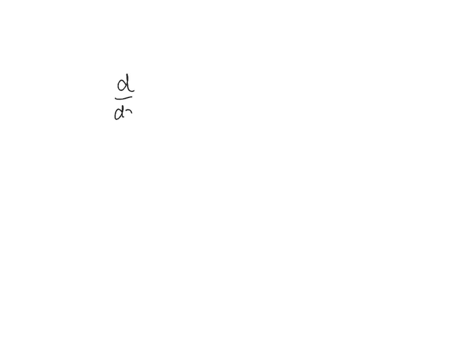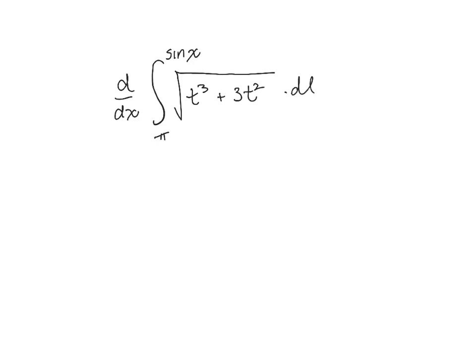All right, let's come up with a crazy example. Start with pi, go to, let's say, sine x of the square root of t cubed plus 3t squared dt.